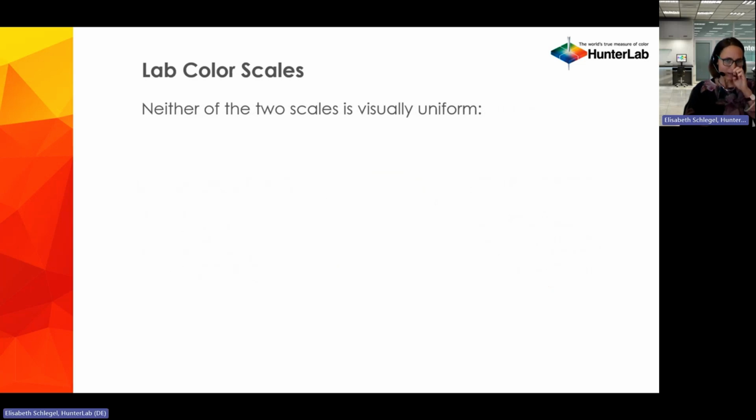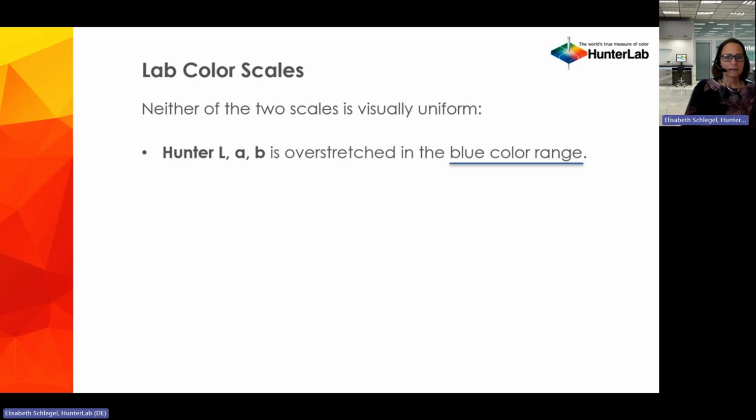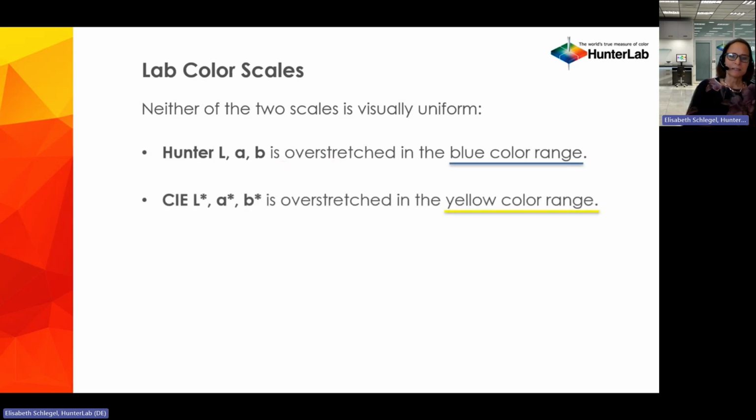And this is because neither of the two scales is really uniform. HunterLab is a little bit overstretched in the blue color range, and CIELAB is a little bit overstretched in the yellow color range, because mathematically, up to now, it's not possible to find a scale which is really uniform in the whole color space.